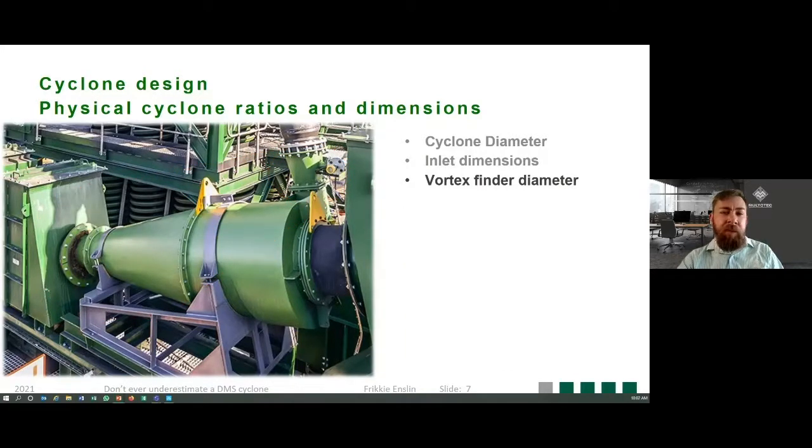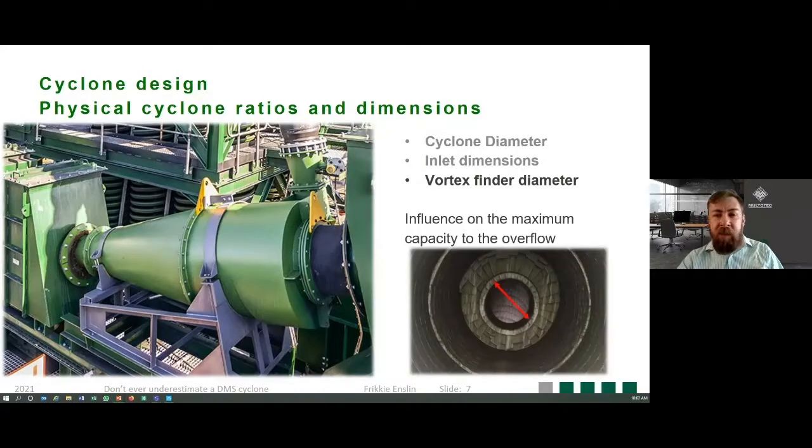Then we're also looking at the vortex finder diameter, and this has an influence on the maximum capacity going to your overflow. There's one of these big cyclones which I inspected inside out, and if I refer to the vortex finder diameter, I'm referring to the inner diameter as indicated by the red arrow on the slide.